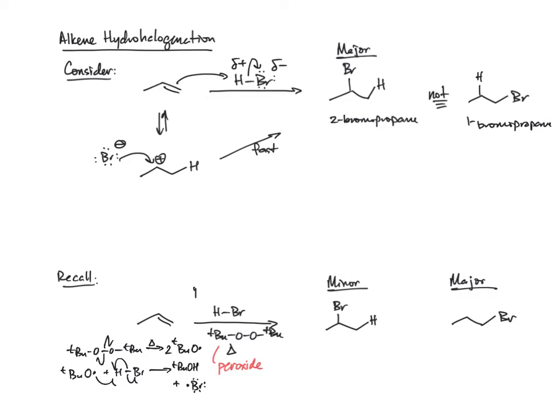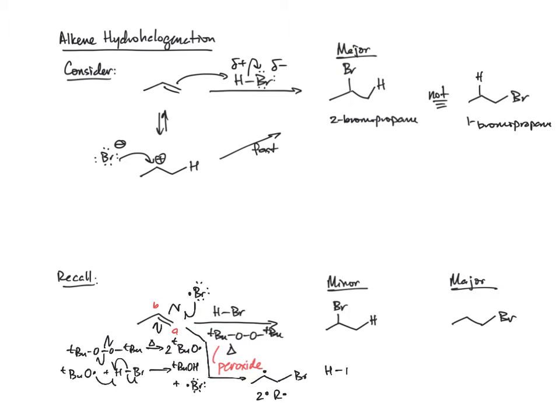The bromine radical now has a choice of which carbon it can add to. It adds to carbon A because that generates a secondary radical.